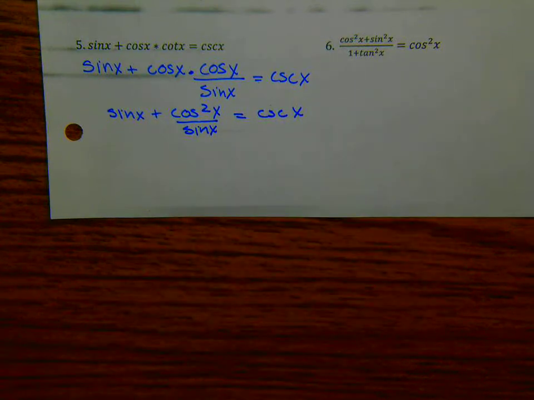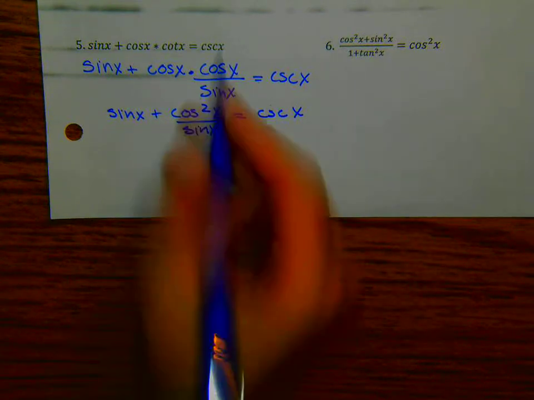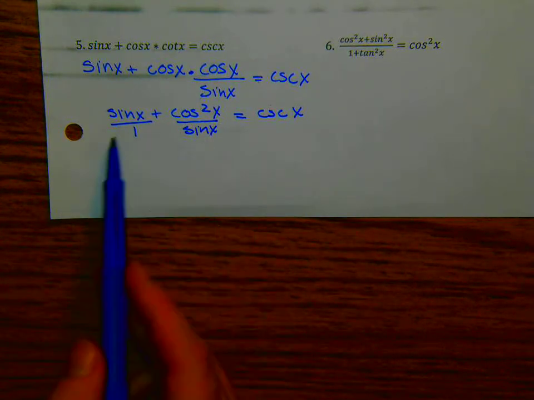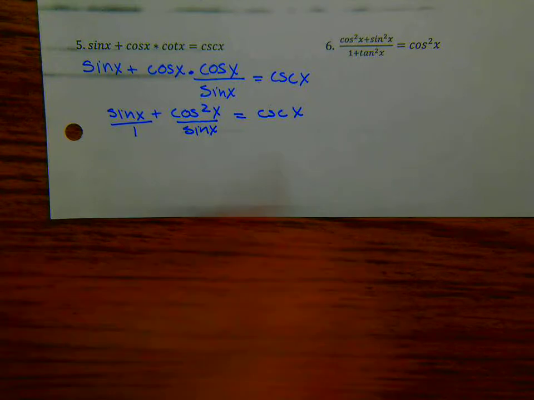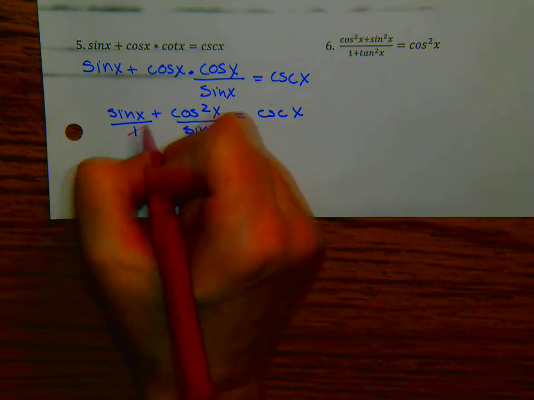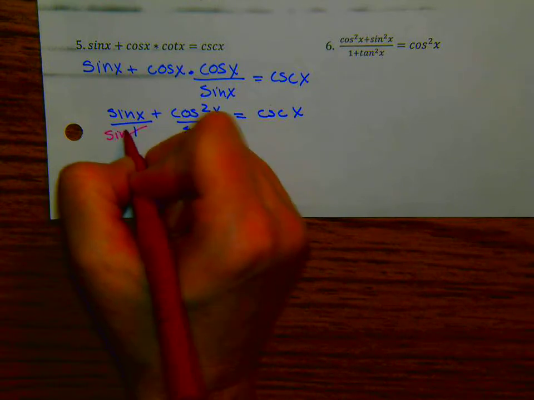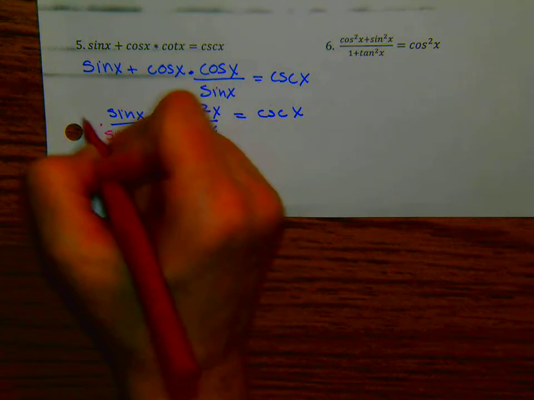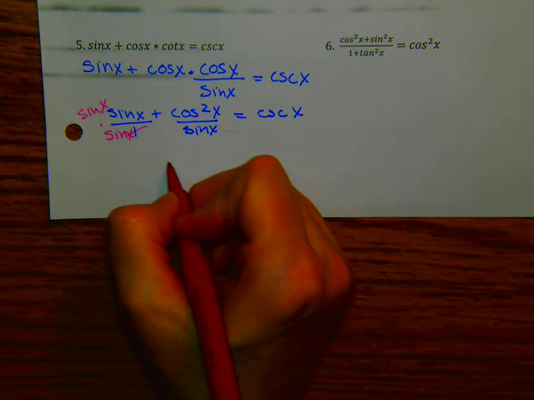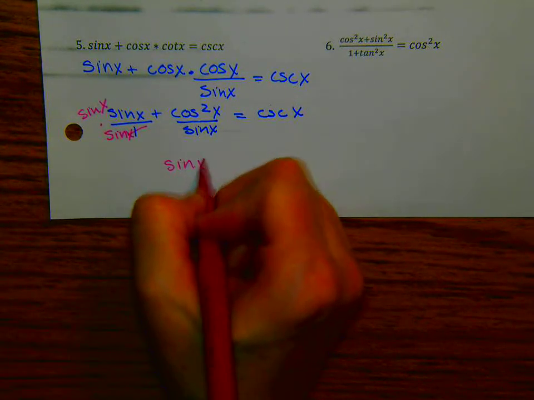Now it looks like I'm going to be working with some denominators, so I'm going to give my first term a denominator. Looks like I need common denominators. So what would be my common denominator? Well, I need a sine of x. To give this a sine of x, I need to multiply the numerator by sine of x. So my common denominator is the sine of x.